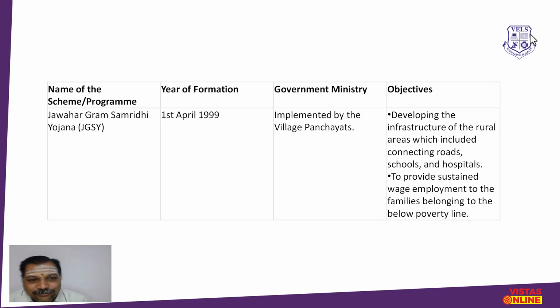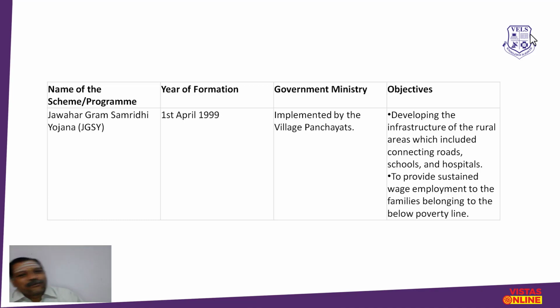And one more scheme was introduced on April 1st, 1999, Jawahar Gram Samriddhi Yojana. This scheme was implemented through the village panchayat. There are many objectives. The main objective is to develop the infrastructure in rural areas by constructing roads, starting a primary school, or constructing a clinic or hospital in a rural area.